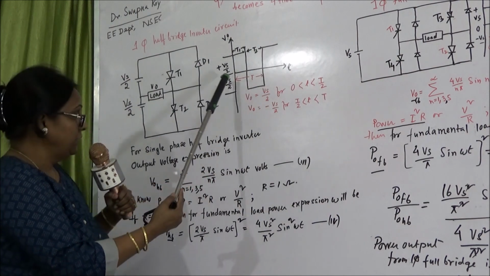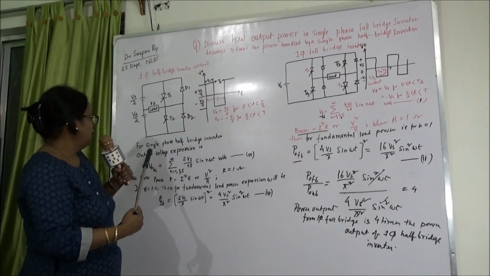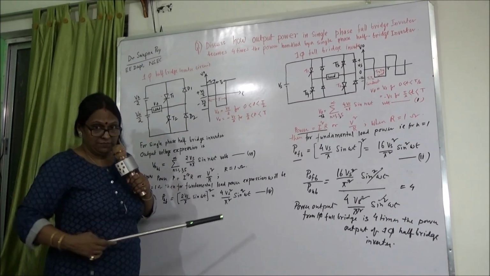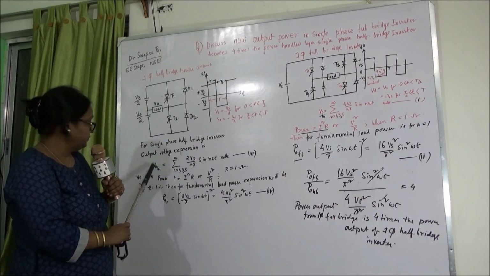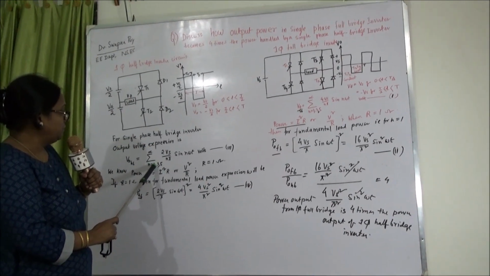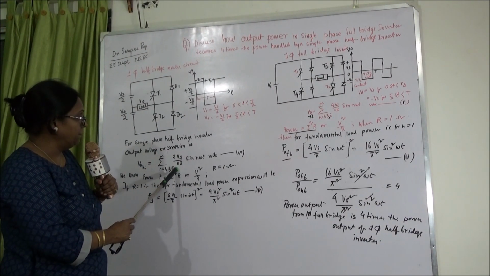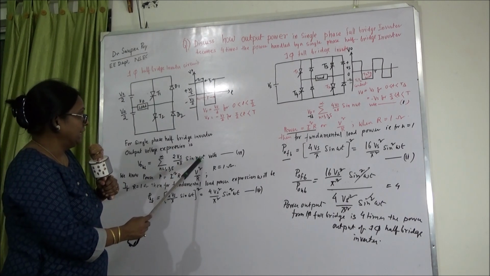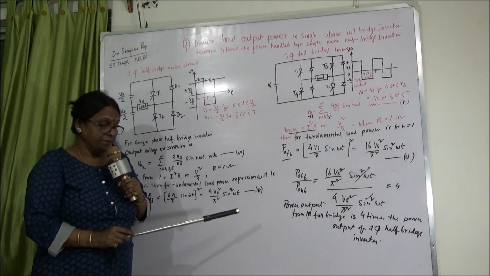So for the single phase half bridge inverter, the output voltage expression is the summation for n equal to 1, 3, 5 to infinity of 2 Vs by n pi sine n omega t volts. So this is equation 3.